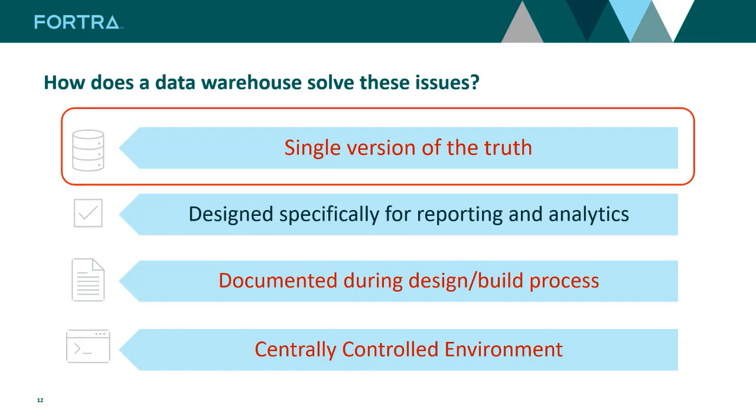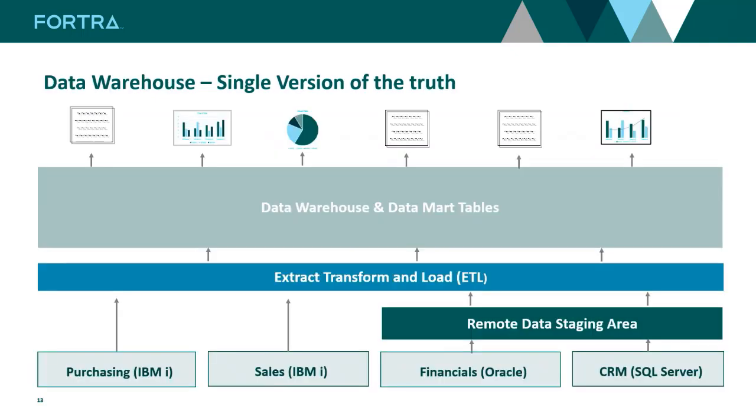So, going back to our prior slide, let's start looking at how a data warehouse solves those BI challenges, starting with a single version of the truth. Remember that chaotic reporting environment slide? Various independently developed point solutions, each with its own design, different rules and calculations and complexity.